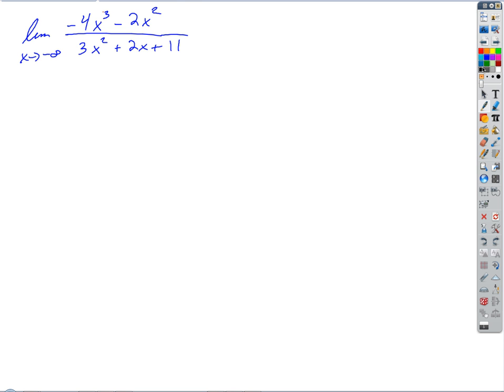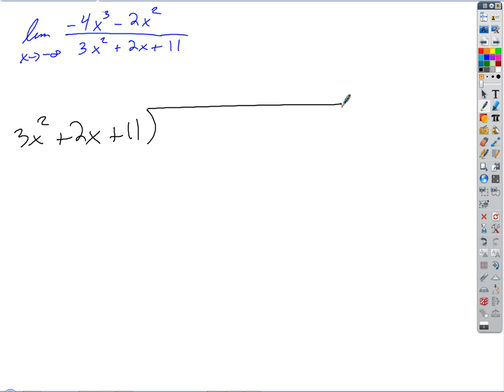Okay, so let's write this out. A couple things I want to remind you of with polynomial long division, because it's been a while since we talked about it.